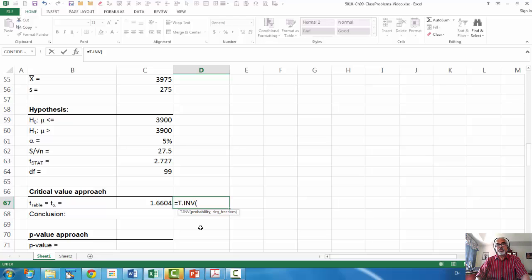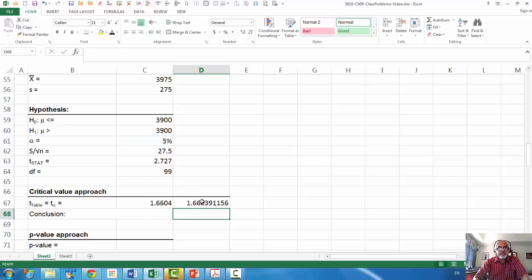The probability is the cumulative probability in T.INV. Cumulative probability means, since this is the upper tail, you have to go 1 minus alpha, and then the degrees of freedom is 99. Then that gives us the same T table value that we got here. So the conclusion is your T stat is greater than the T critical value, so we reject the null hypothesis.